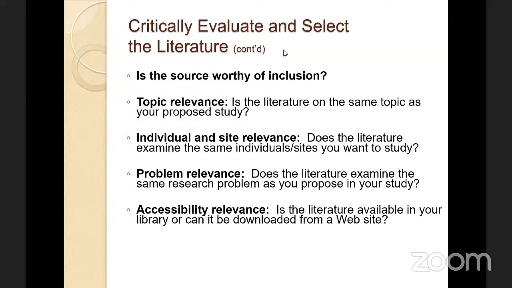Look for what is as close to Jamaica as possible, or the Caribbean. You want to use things that are similar enough to your study as possible. As for problem relevance, is it the same problem? And obviously, you only want to use literature that you can access. Sometimes just the abstract is useful, but usually you need the whole paper.